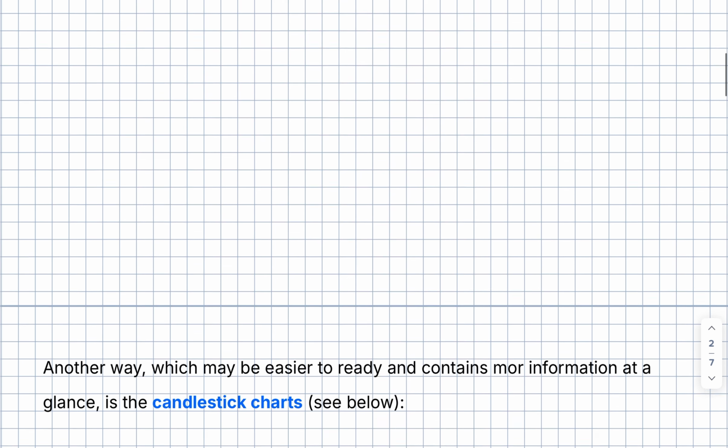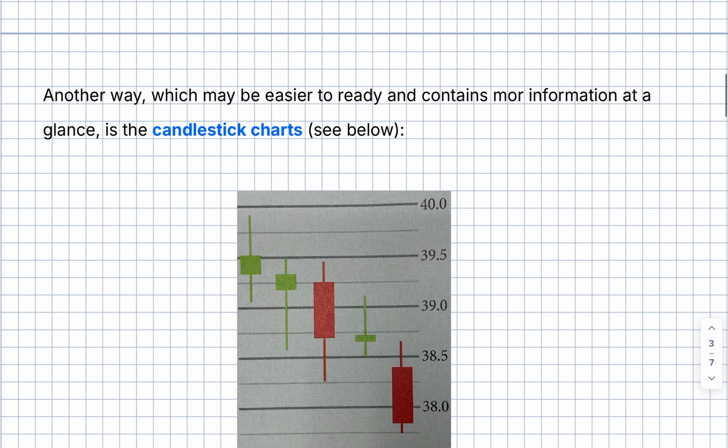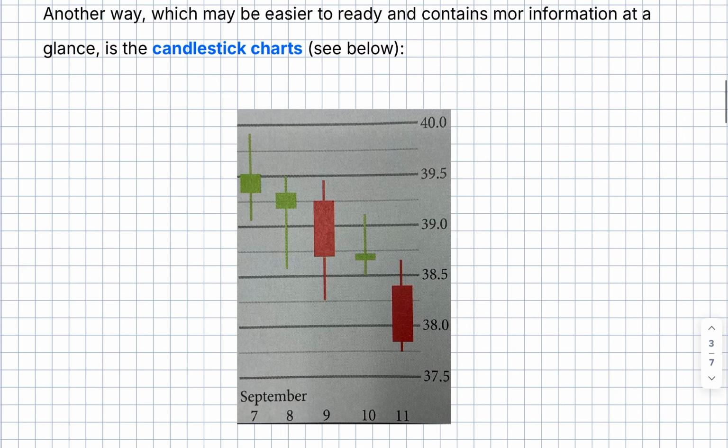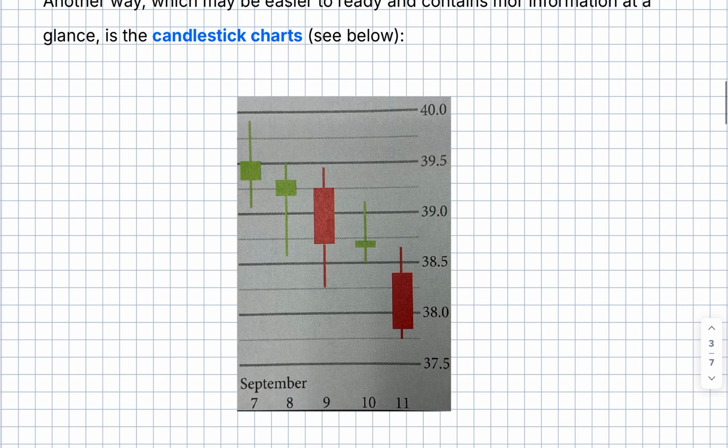Okay, now the second most common way to interpret stock market data is what's called the candlestick chart, okay? With the candlestick chart, you have a bunch of representations here. Just at a high level, you notice that 3 of these are green and 2 of these are red.